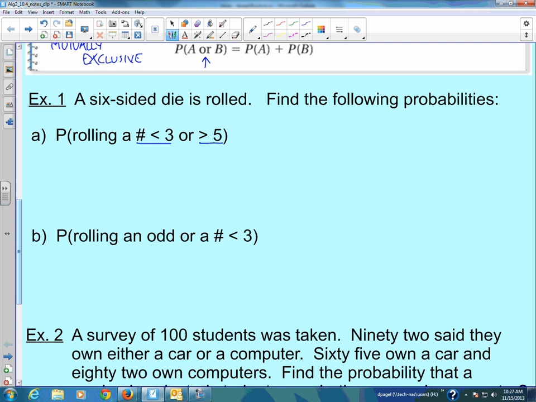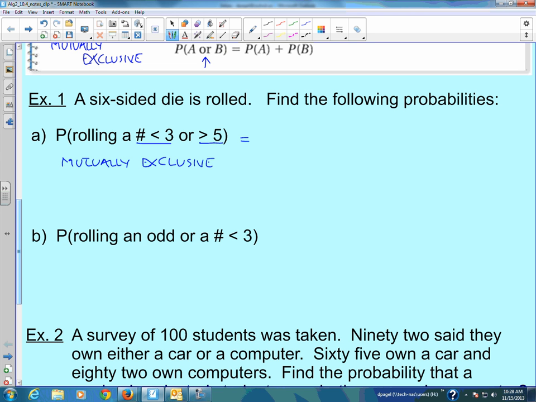If you think about the die rolling on a table, there's no way for that to happen, right? So these are what we consider mutually exclusive. These outcomes cannot happen at the same time.